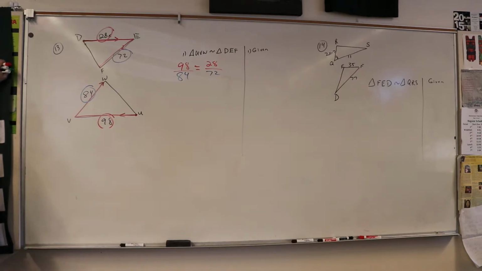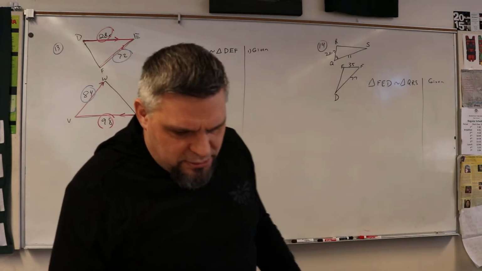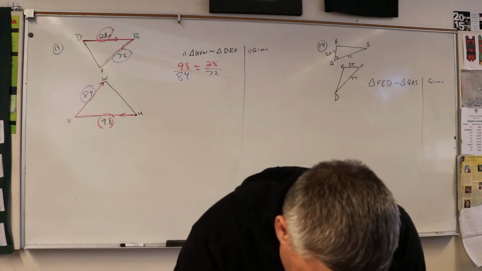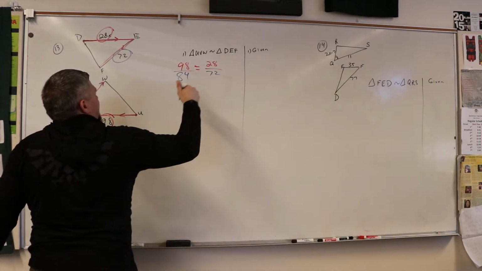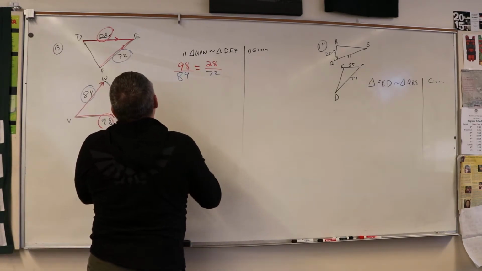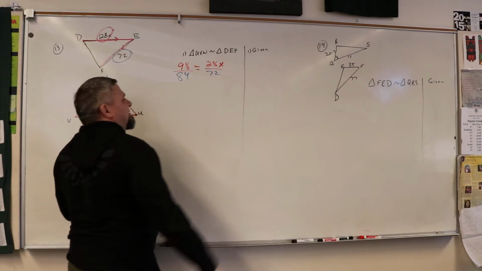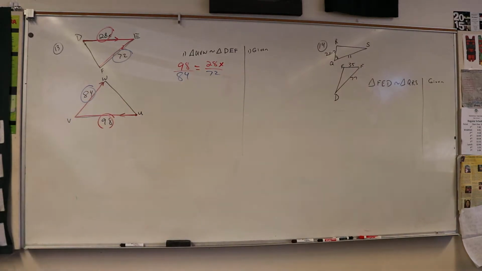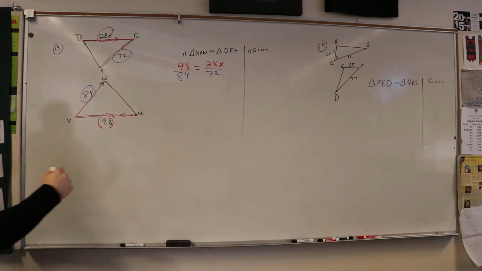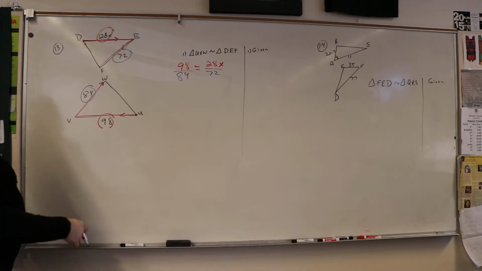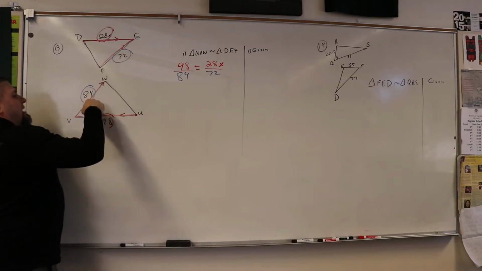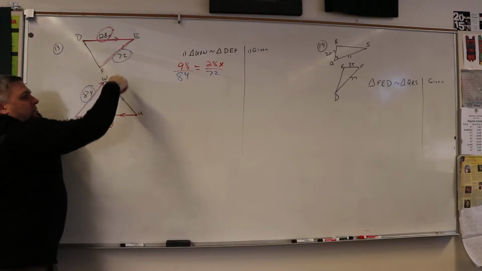How is that even possible? That doesn't make any sense. Hold on. Oh, 28x. My bad, my bad. Oh, there's an X there. Alright, yeah, so 28x. So 98 is to the 28 times some number, as 84 is to 72.